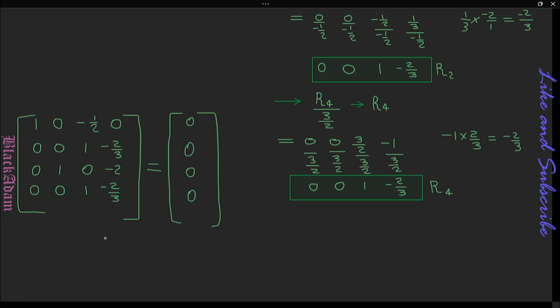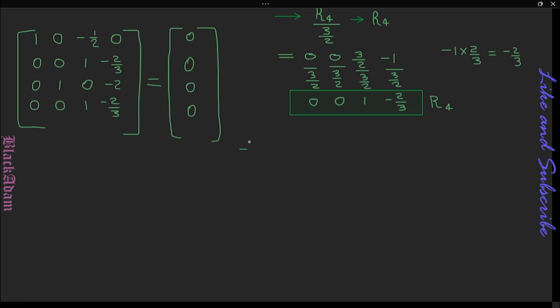We can see row 2 and row 4 are equal, so we subtract them from each other: negative row 4 plus row 2.